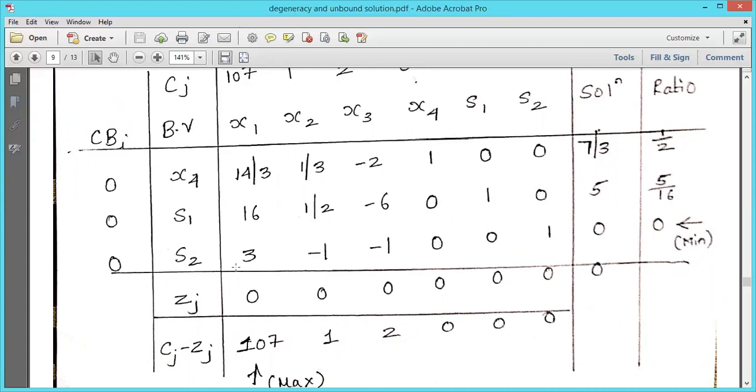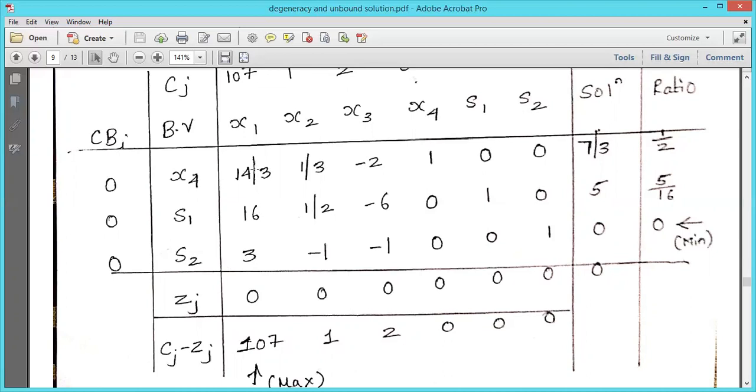And this 3 is the key element, we need to make it 1. To make this value 1, we have to divide this entire row by 3. After dividing, this value will become 1.